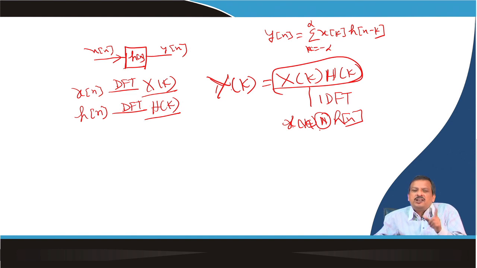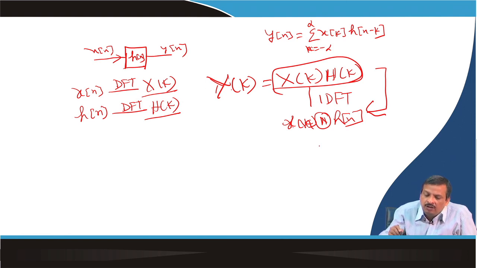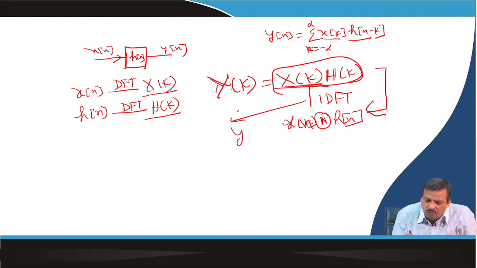So, what is the meaning of the IDFT of this product? It is nothing but y of n. So, this is the use of circular convolution.